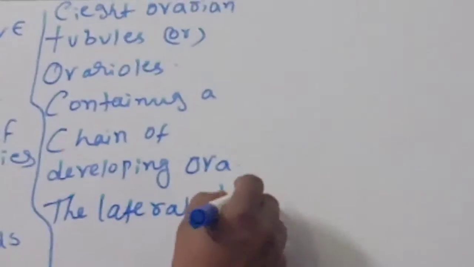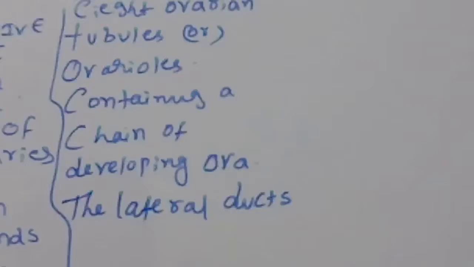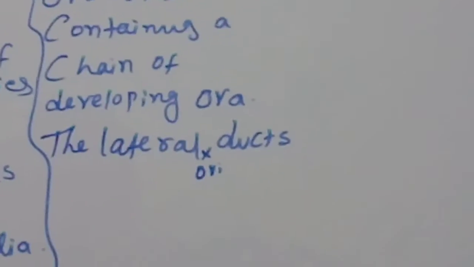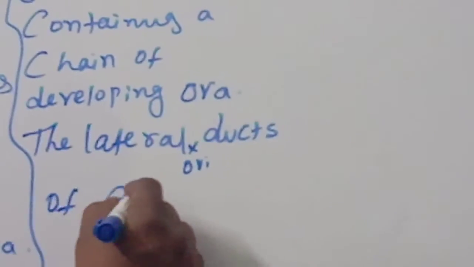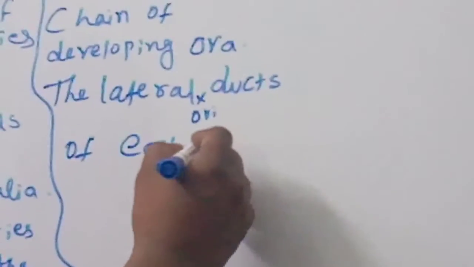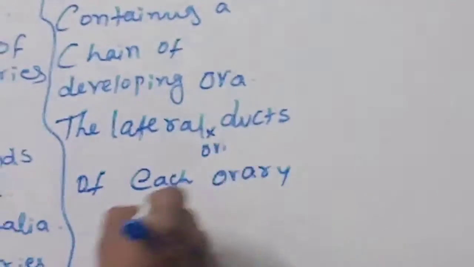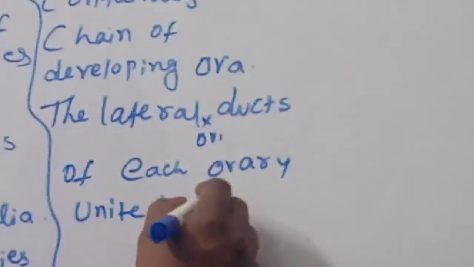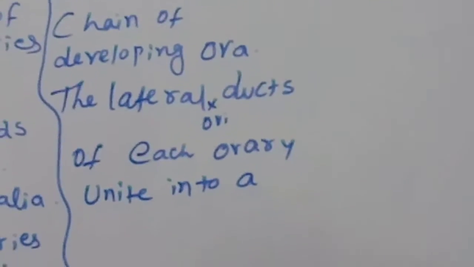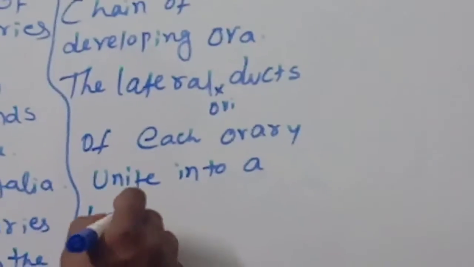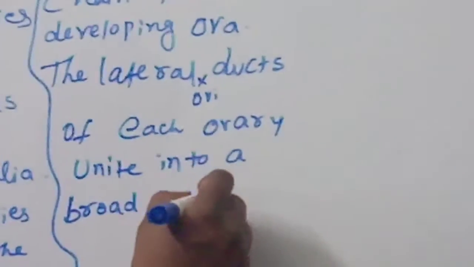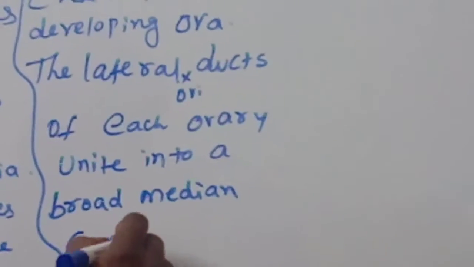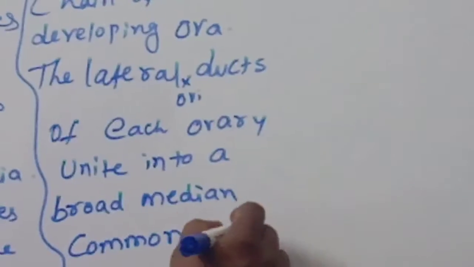The lateral oviducts, very important this one. The lateral oviducts of each ovary unite into a broad median common oviduct.